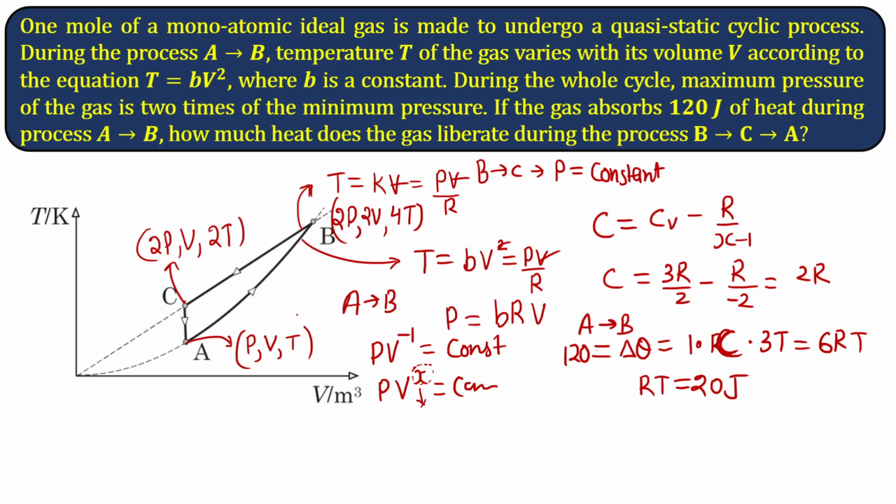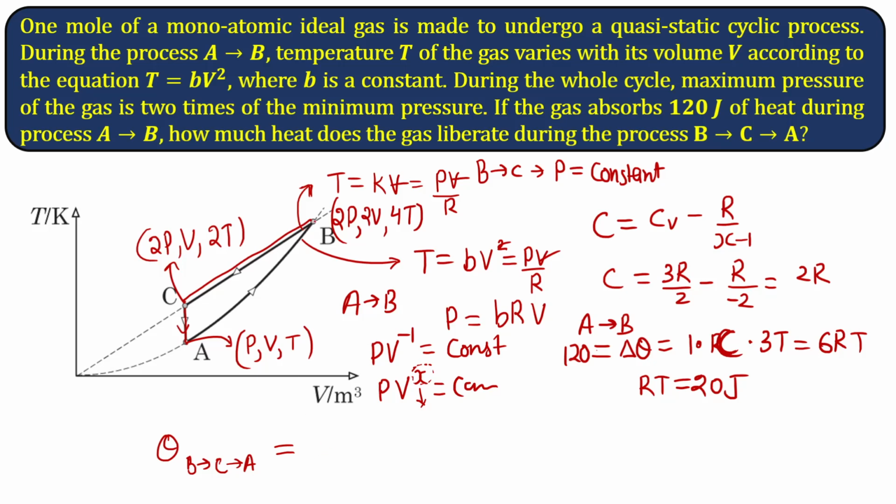Now we are asked how much heat does the gas liberate during the process B to C to A, right? From the process B to C and then from C to A. So if I just calculate the total heat absorbed for B to C to A, we'll just put the minus sign here.